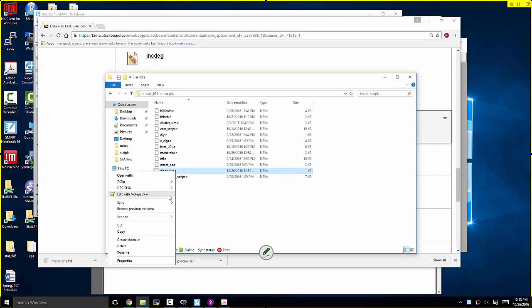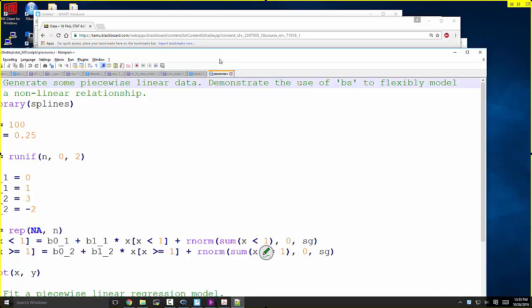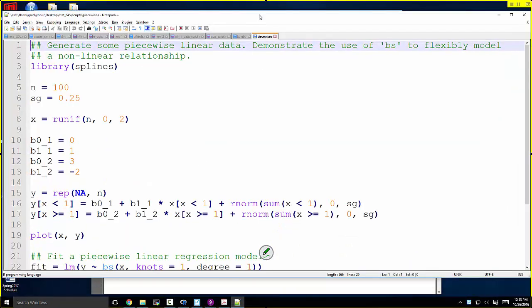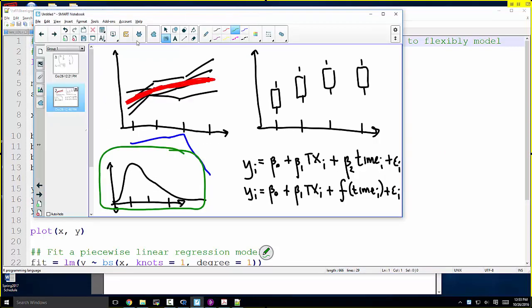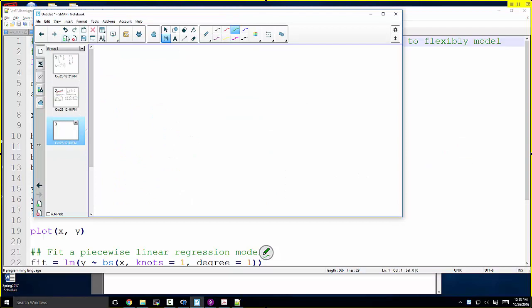Okay. Let's look at piecewise.r to see how we can allow a regression model to have some not necessarily linear function of a covariate. Before I go here, recall that you can always have a nonlinear pattern in a regression model with something like this. Suppose we had beta 0 and beta 1 time.